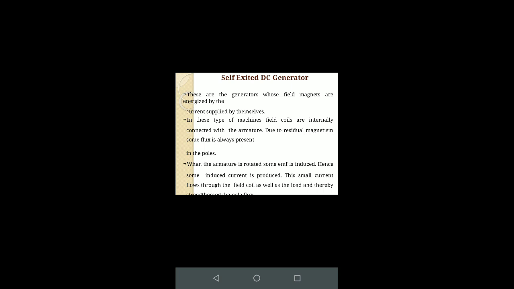Coming to the self-excited DC generator, these are the generators whose field magnets are energized by the current supplied by themselves. In these types of machines, the field coils are internally connected with the armature. Due to residual magnetism, some flux is always present in the poles, and when the armature is rotated, some EMF is induced, hence some induced current is produced.